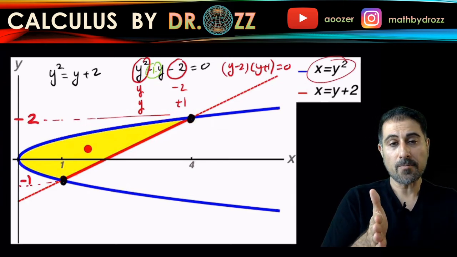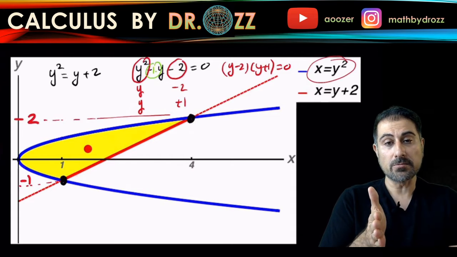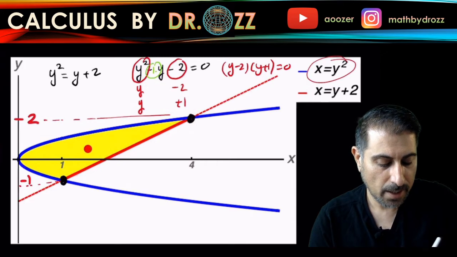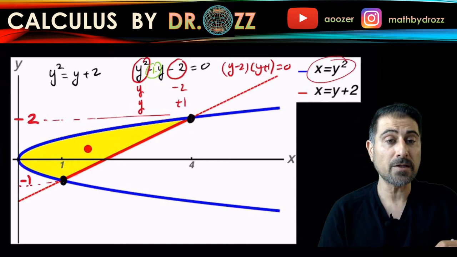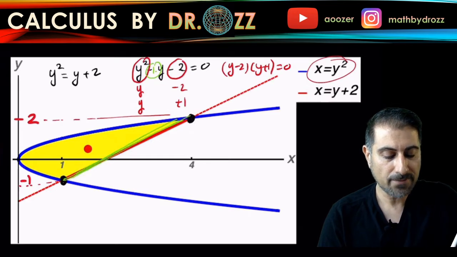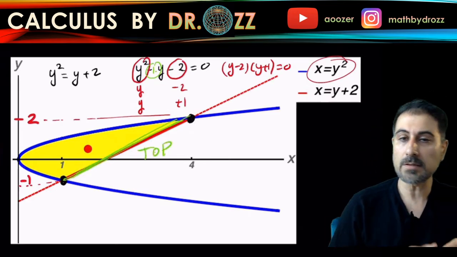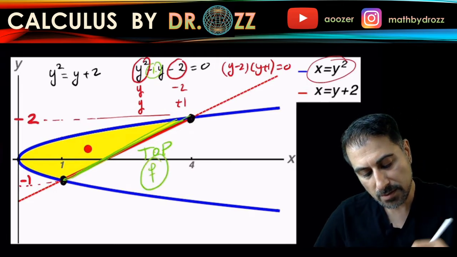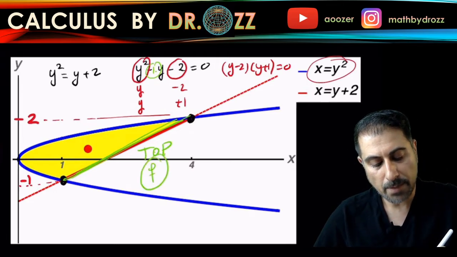When I say top, I mean top in the x direction. What that means is this red line bounding the top part of the region is what I'm calling top, and the function corresponding to that is going to be my f. The bottom portion of the region is the blue, and I'm going to call that the bottom.